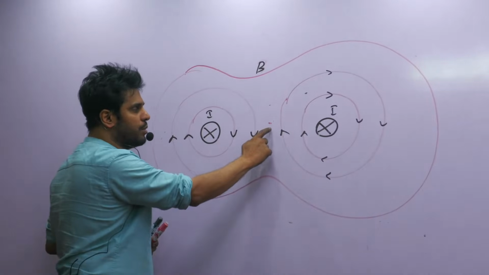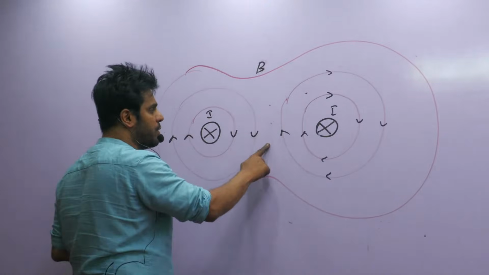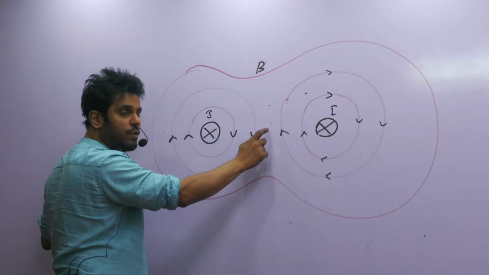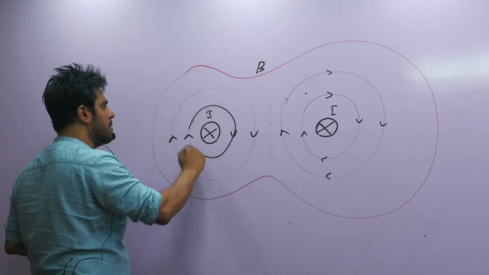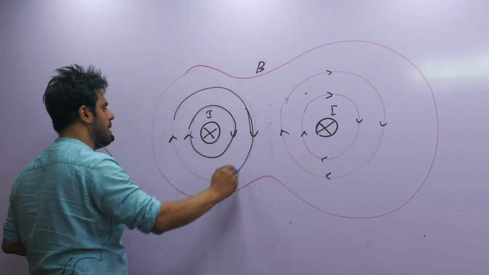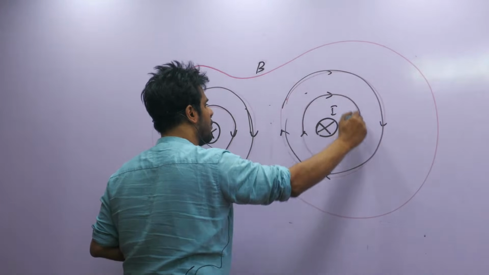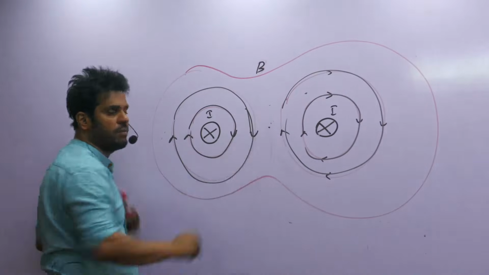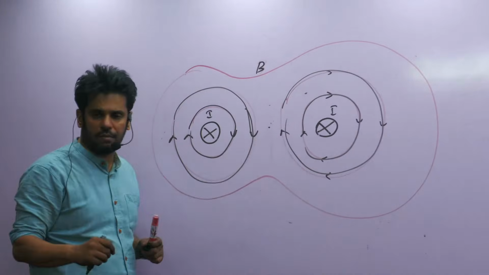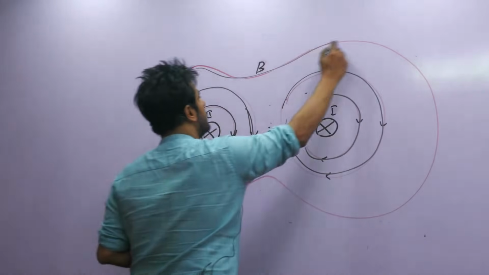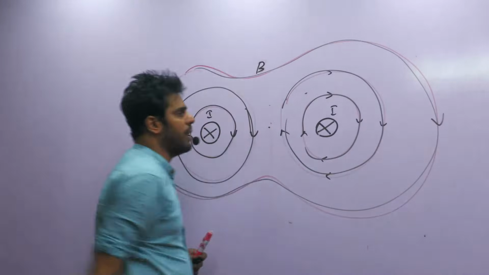So at the midpoint, do not draw the magnetic lines. Now here I explain how it makes a neutral point. Now these are the magnetic lines due to the left hand side wire. These are the magnetic lines due to the right hand wire. At the midpoint, it has a neutral point. So do not draw the magnetic lines here. Now this is the theorem to draw the magnetic diagram between two parallel wires.